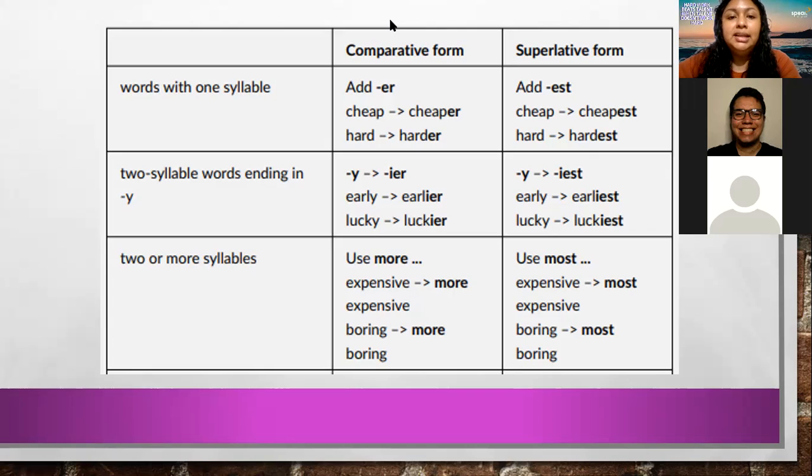Exactly. All right. Now, let me give you a tip here. Two or more syllables, and this is very important, not ending in y. You see, not ending in y. So expensive is 3 syllables. Boring is 2 syllables, and it doesn't end in y. That's why we can say more when we are comparing two.